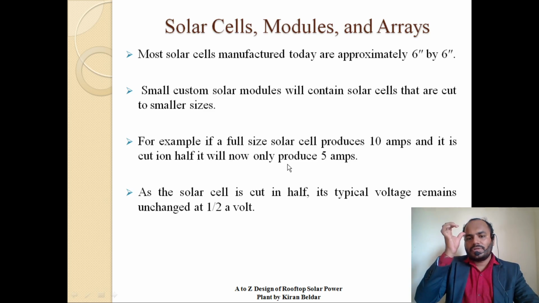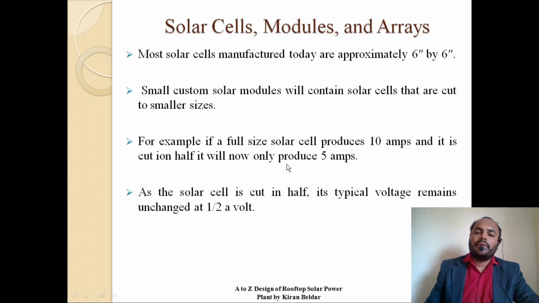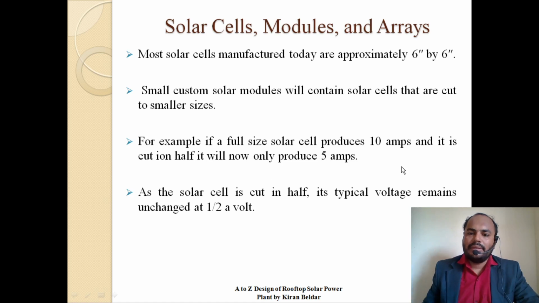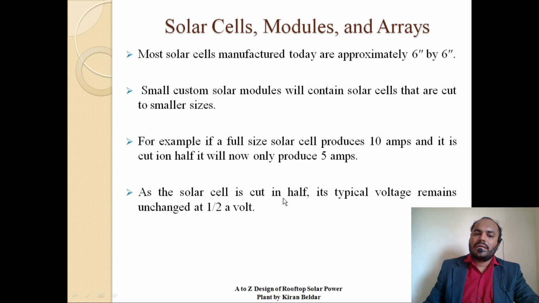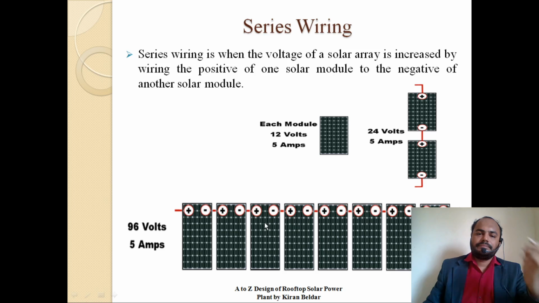So by cutting a solar cell, we can get a required current. As the solar cell is cut in half, its typical voltage remains unchanged at 0.5 volt. If we cut a solar cell into two parts, the voltage generated is the same, but the current produced is less than before.